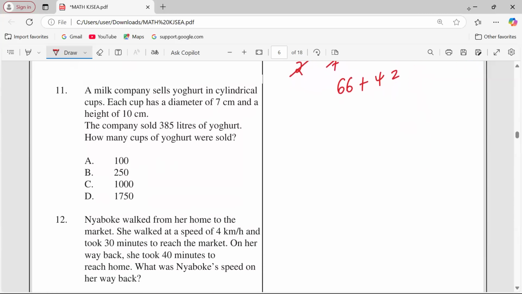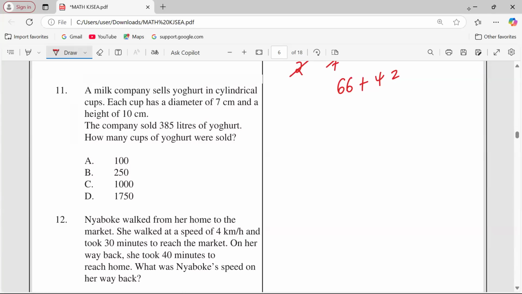Look at number 11. A milk company sells yogurt in cylindrical cups. Each cup has a diameter of 7 centimeters and a height of 10 centimeters. The company sold 385 liters of yogurt. How many cups of yogurt were sold?